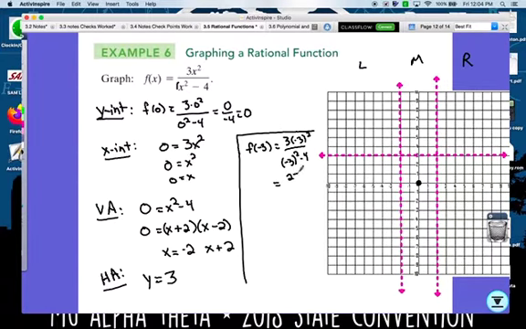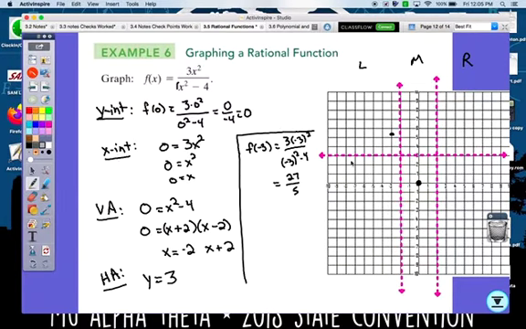The top will give me 27, and the bottom will give me 9 minus 4, which is 5. So 27 divided by 5 is a little bit more than 5, like 5 2/5. So I know that point is going to be up here. So when I draw the graph on the left-hand side, I know it's going to be in the top section.